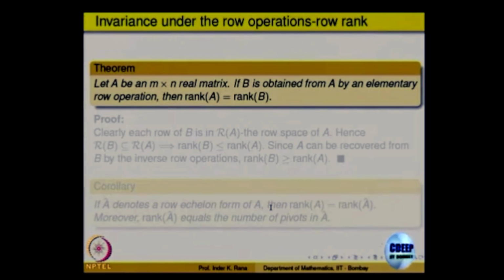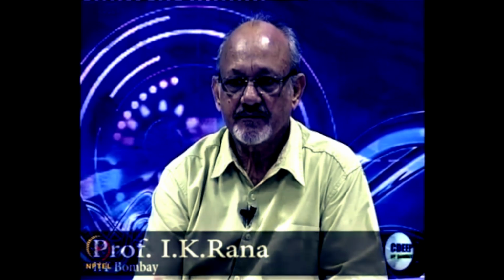Supposing A is a given matrix and you apply row operations to it, it will change to something. The rows will change. Whatever the elementary row operations were, one was interchange of two rows, another was adding one row to another, or multiplying a row by a non-zero scalar. Now if you take the rows and transform them by elementary row operations, you will get some new rows, but they are linear combinations of the earlier ones anyway.